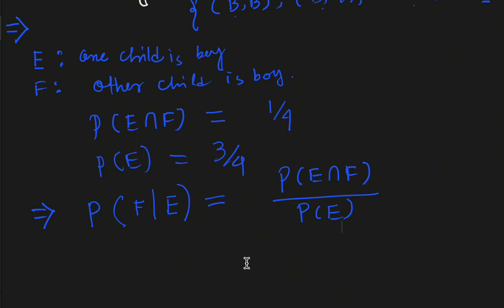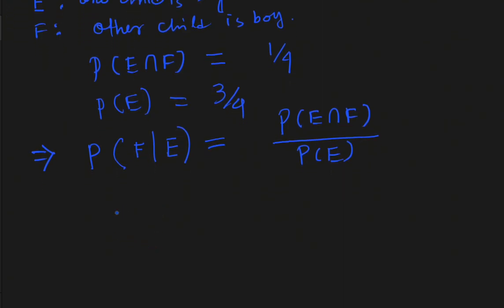So if I write it here, you know that E has already occurred, and given E, what is the probability that in the next round F will occur?